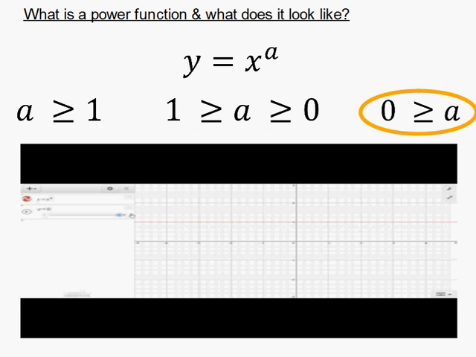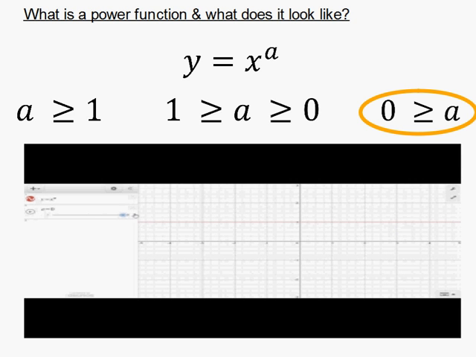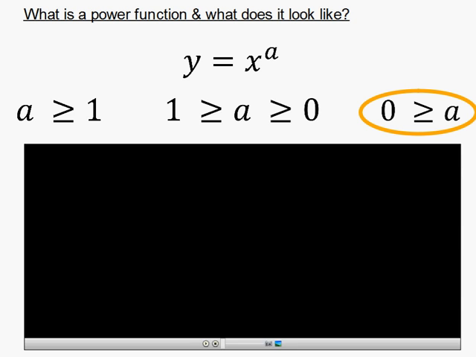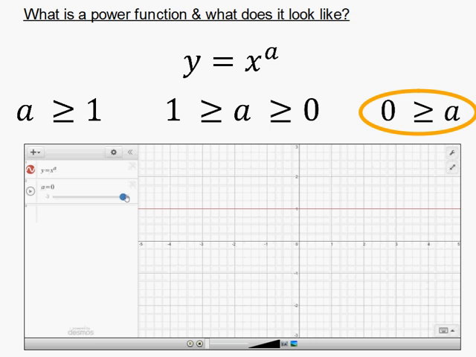What happens if a becomes negative? So again, here I'm starting with a slider at 0. I'm going to be sliding it back towards negative. Here we are at 0. And now, of course, negative means reciprocal. So we're getting the classic 1 over x squared kind of behavior.